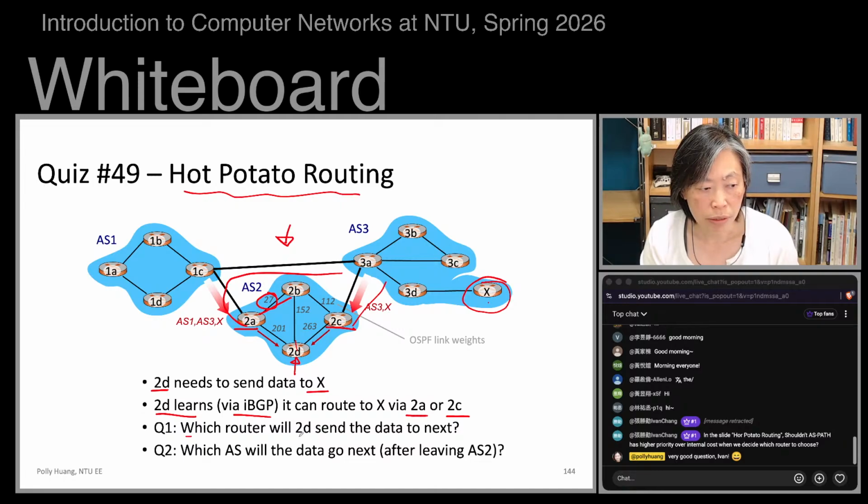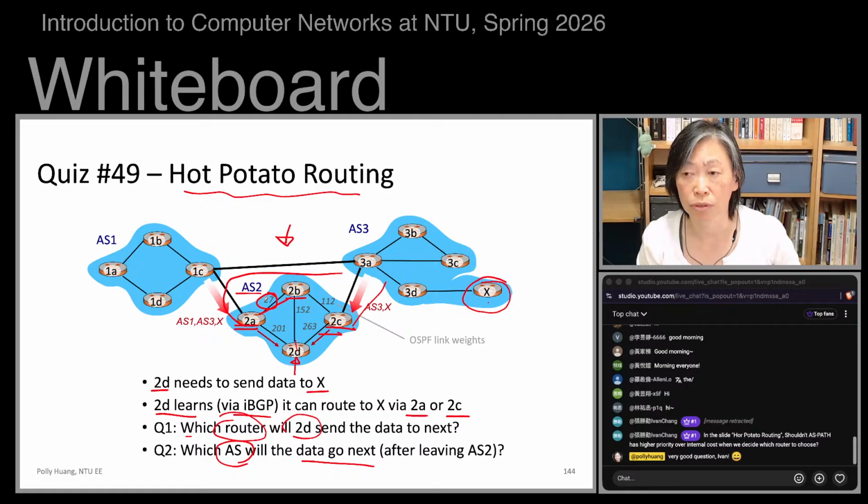Which router would 2D send the data to next? So there are these three routers as potential candidates. Question 2: which AS would the data go to next after leaving AS2?